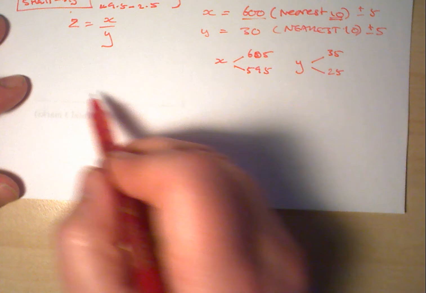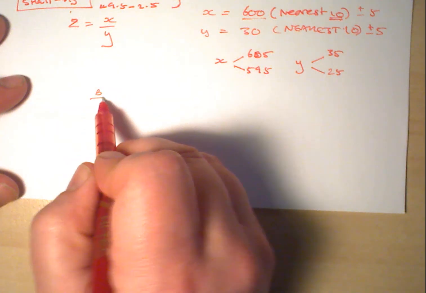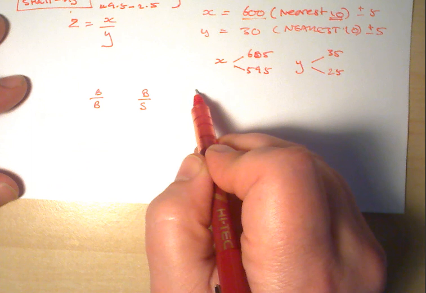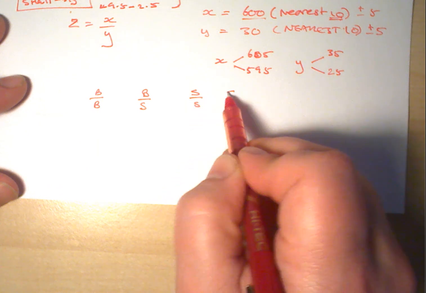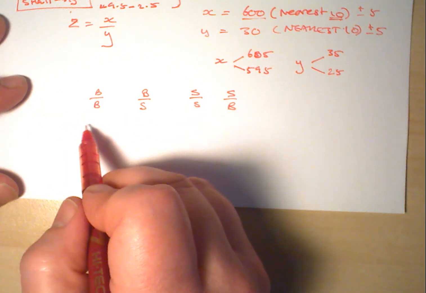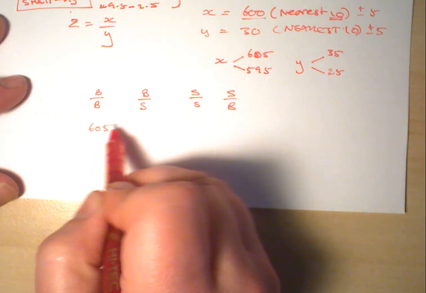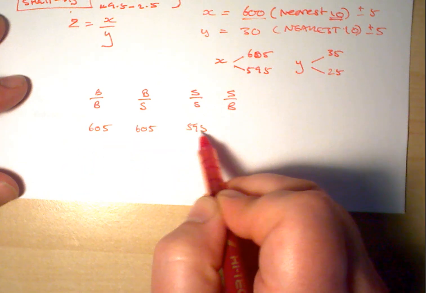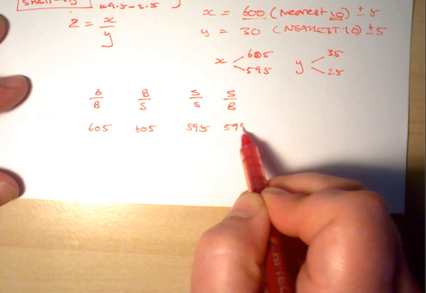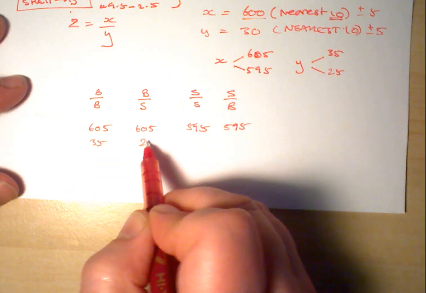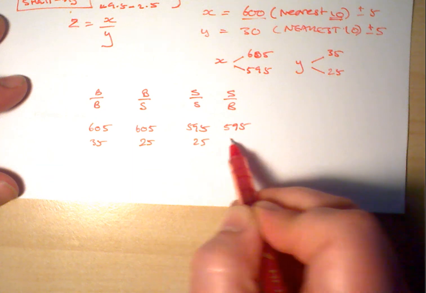So again, we could have big divided by big, big divided by small, small divided by small, or small divided by big. If you try them out, the x is at the top, so this would be 605, 605, 595, 595. Bottom is 35, 25, 25, 35.